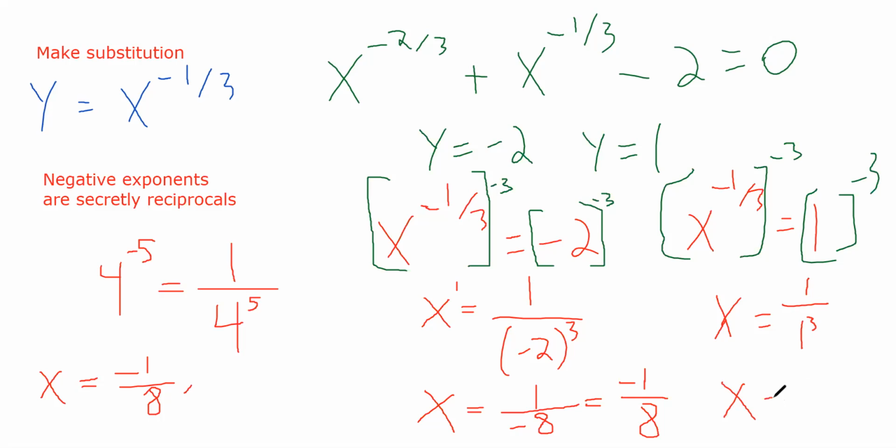Just 1. So then we end up with x equals 1 over 1. But of course, that just simplifies to 1. So our two solutions for this one are going to be -1/8 and +1.